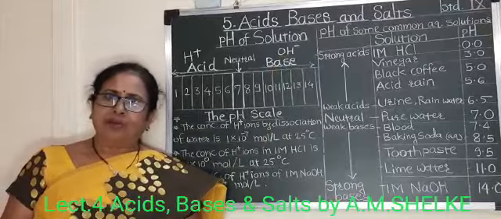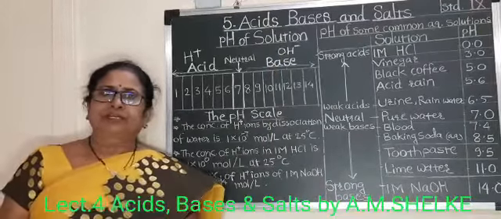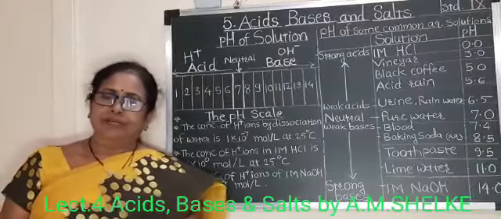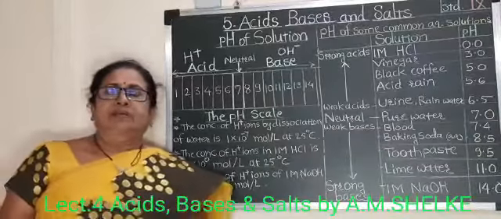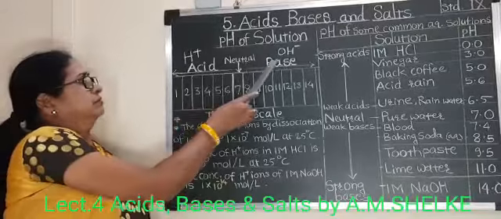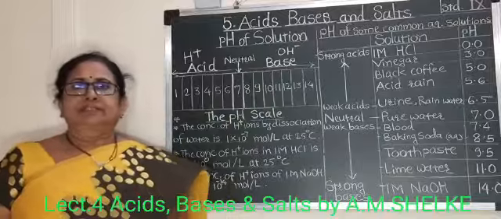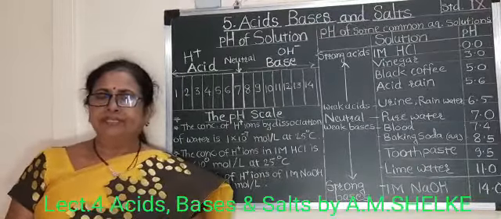Hydrogen and hydroxyl ions are found in different proportions in all natural aqueous solutions, which determines the properties of the solution. For example, the proportion of hydrogen and hydroxyl ions decides whether the soil is acidic, basic or neutral.